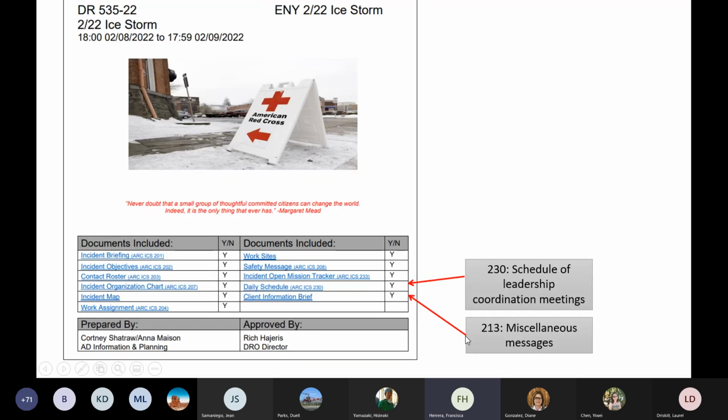All right, and then a couple of final ones, of course, is the daily schedule, ICS 230. The 230 document is a schedule of calls primarily around the leadership coordination that I was describing at the very start. There's a full day of decision making that has to happen before one of these is published.